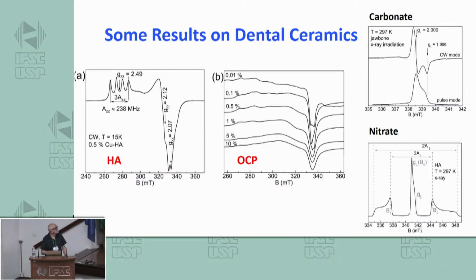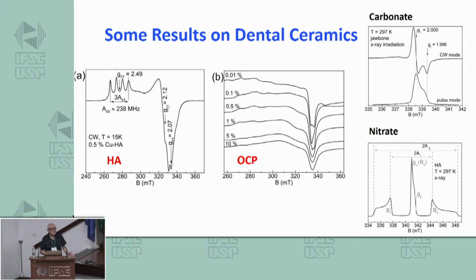Here are some results on dental ceramics. Here, a small amount of copper substituted hydroxyapatite, a very important ingredient of dental glass ceramics. And you can analyze the spectra here in terms of G parallel and G perpendicular, and also the A parameter from the splittings here.